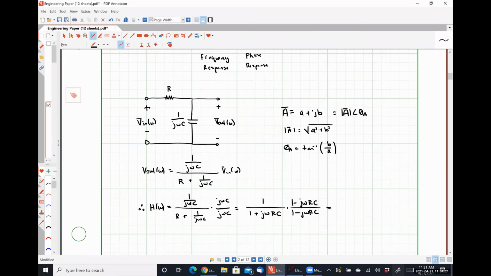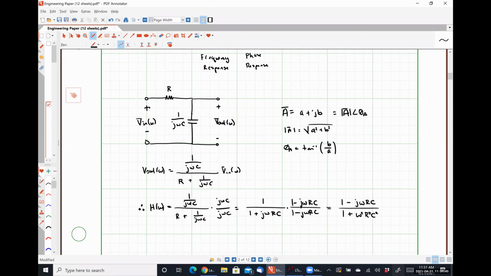All right. And so what this is going to give me is 1 minus j omega RC divided by 1 plus omega squared R squared C squared, or 1 plus omega RC quantity squared, however you choose to write it.